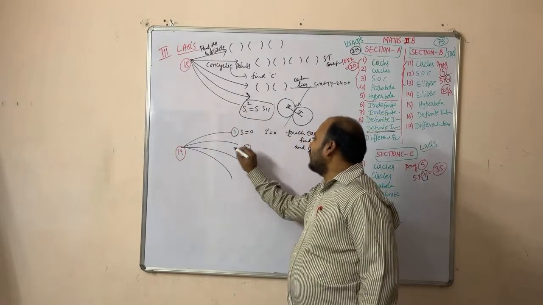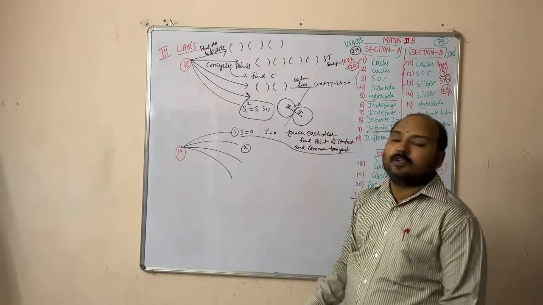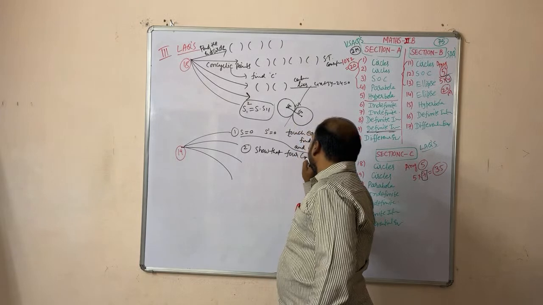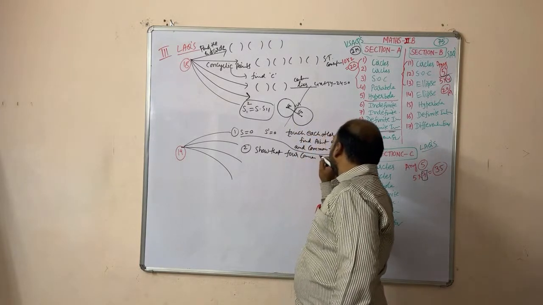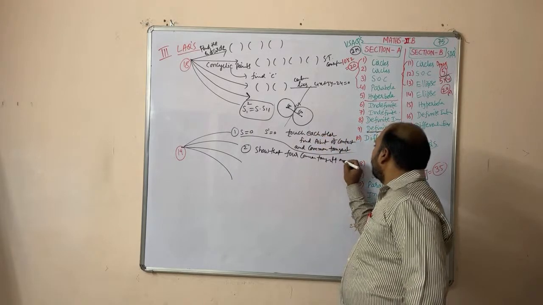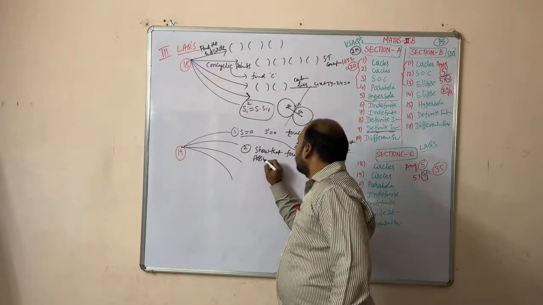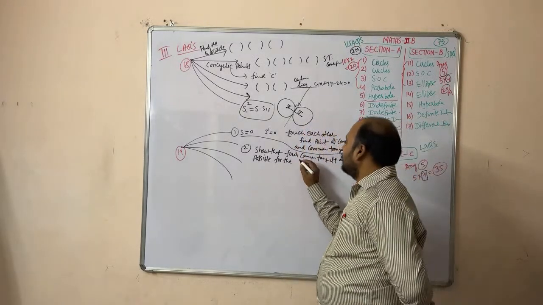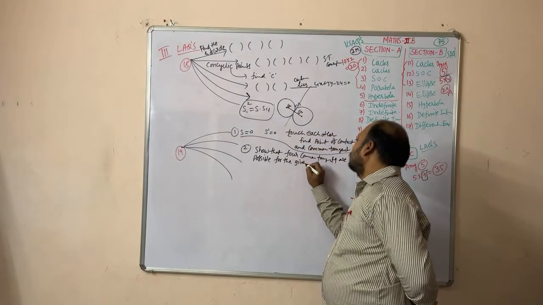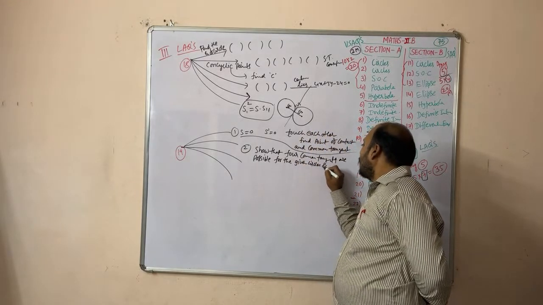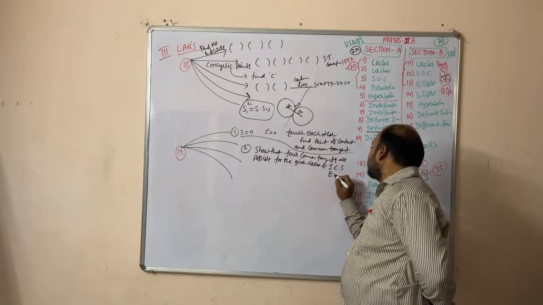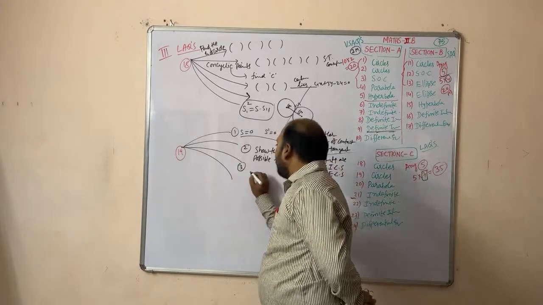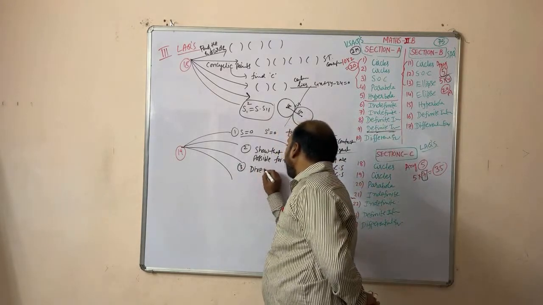Second possibility, recently given: show that 4 common tangents are possible for the given circles. And find internal center of similitude, external center of similitude. Find both.